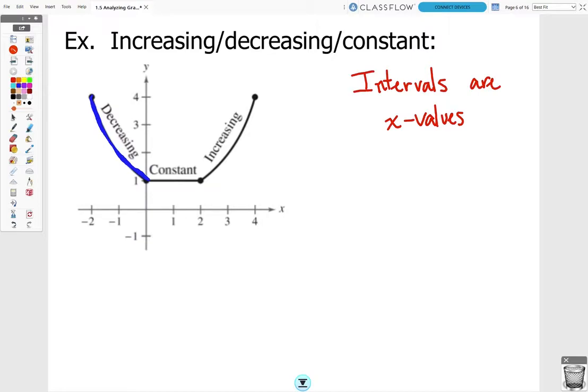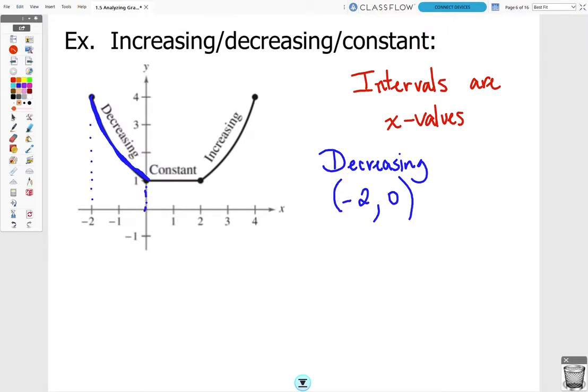The question is, where is it decreasing? Where does that happen? Where does this graph decrease? And it is decreasing from -2 all the way out to 0. Now again, these are the x values where that happens. From -2 to 0, this is decreasing.